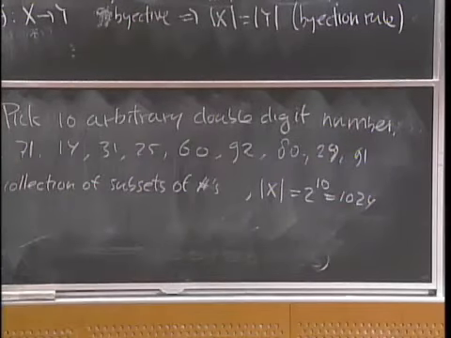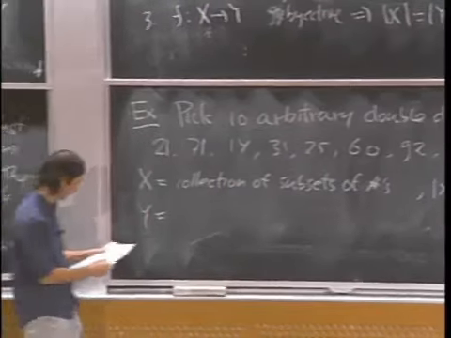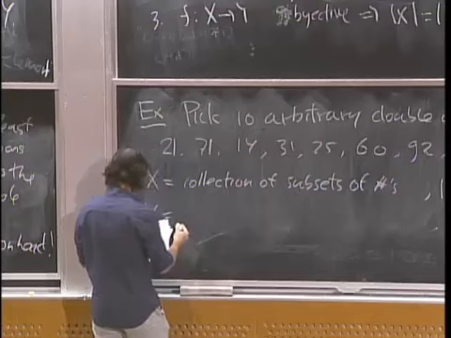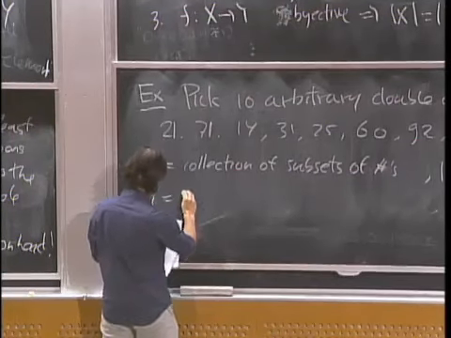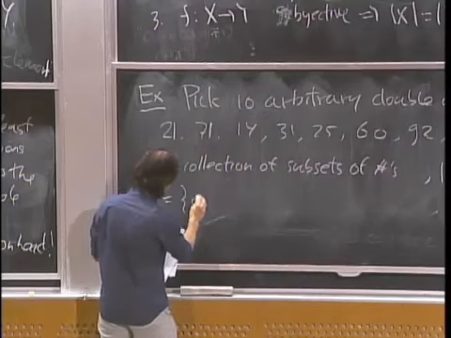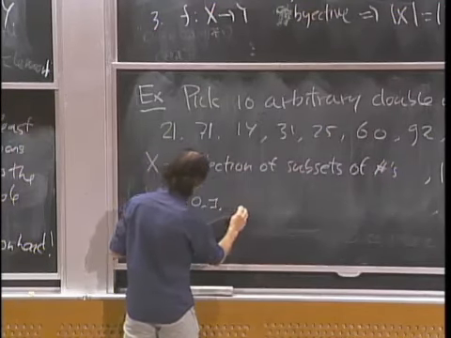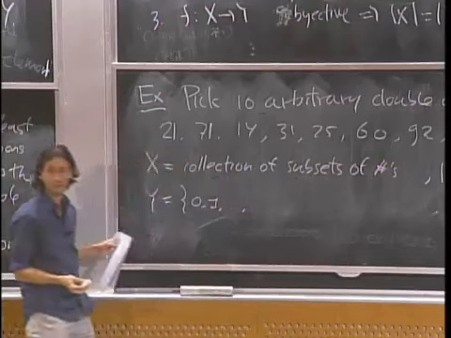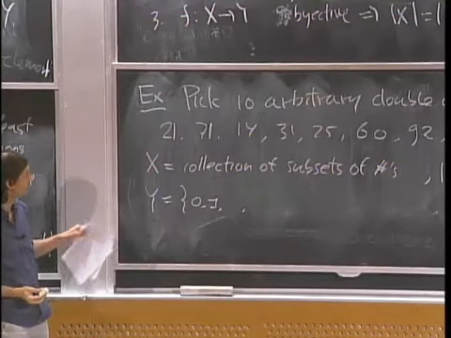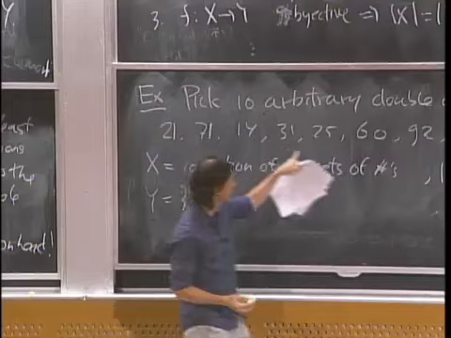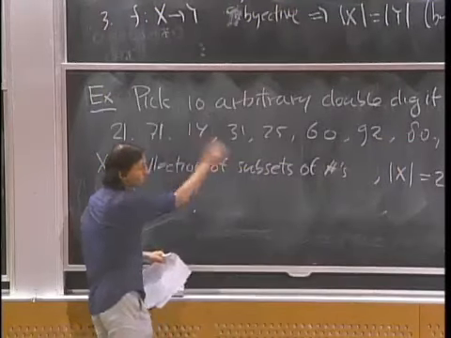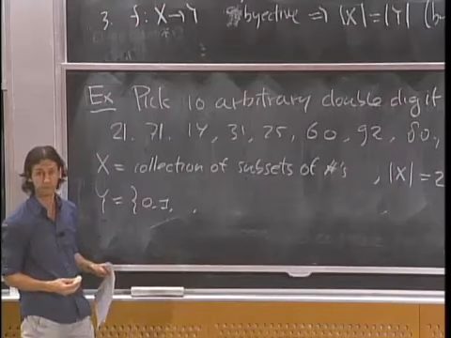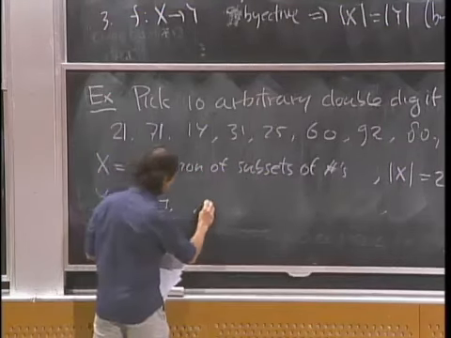Now y is going to be the sum of a subset. So what do I know? I note that the possible sums range from 0 all the way to, well, what's the maximum sum that I can have out of a subset of 10 double-digit numbers. So I can select all the 10 elements in this set.